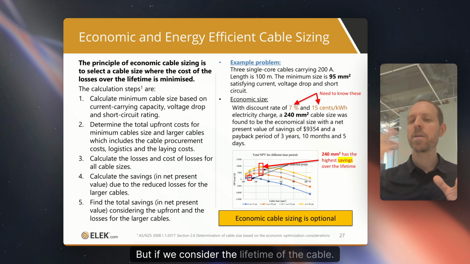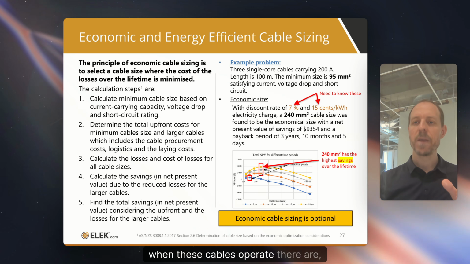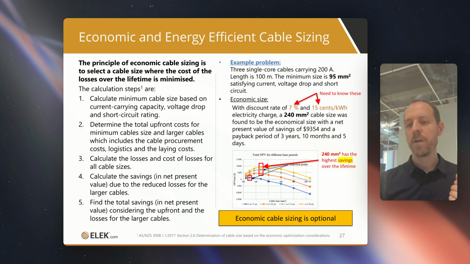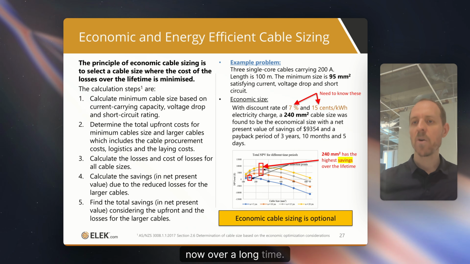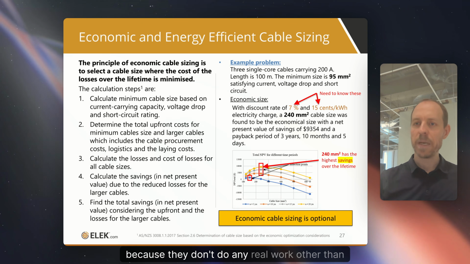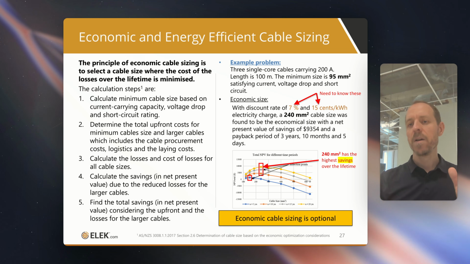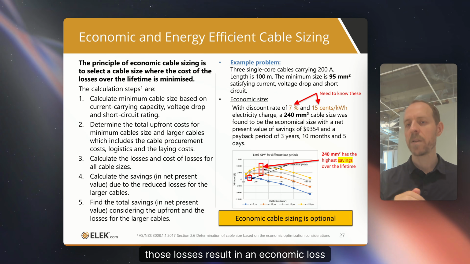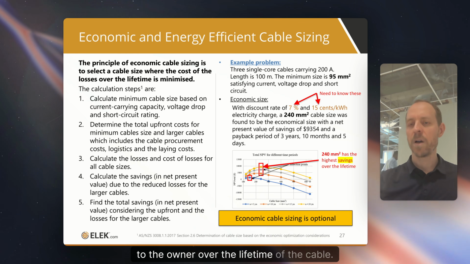But if we consider the lifetime of the cable, remember, when these cables operate, there is electrical heating caused by the current flow. There are I squared R losses. Over a long time, those losses, because they don't do any real work other than produce wasted heat, result in an economic loss to the owner over the lifetime of the cable.